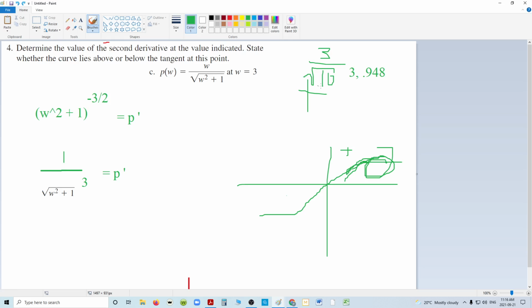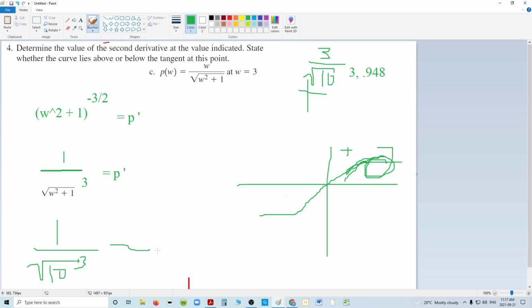Let's see if we get a positive at 3 in the first derivative. So you get 1 over the square root of 3 squared plus 1, to the power of 3.